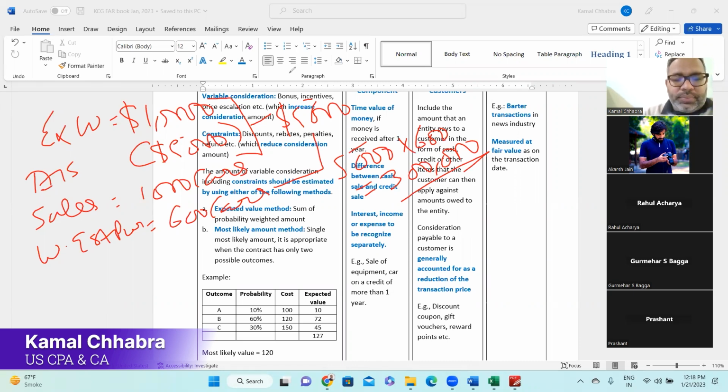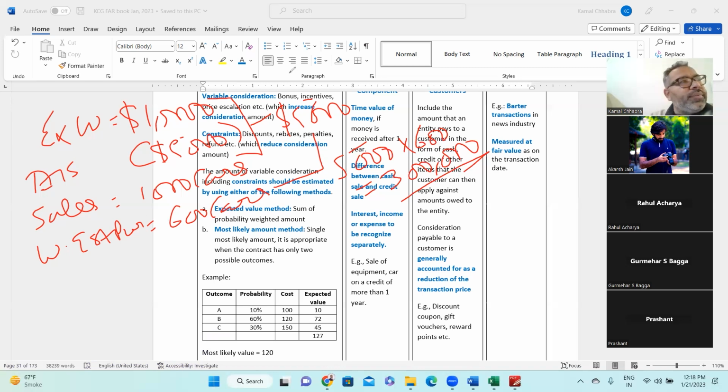And look at another example below. The outcome of the probability is A, B, and C. Let's assume you have exported material to another country, and that country is going through a financial crisis. Let's assume you sold the material to Sri Lanka. As we all know, Sri Lanka these days is going through a financial crisis, the country as a whole, and the same is the situation of the customer also.